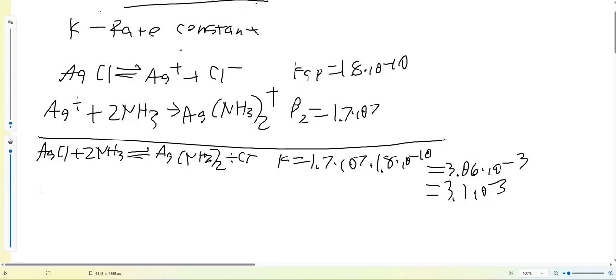If you multiply the reaction by a factor of n, you raise the K value of that reaction to the nth power. Okay? You add reactions, you multiply the K's together to get the new K. You subtract reactions, you divide the K's.